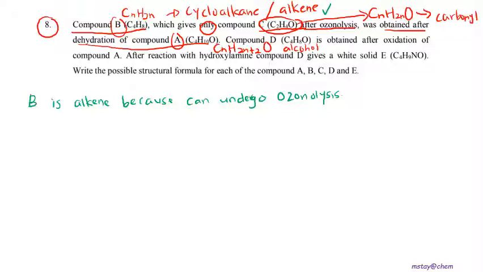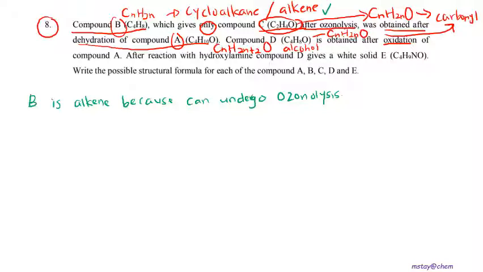Okay, then now we will continue here. Compound D, C4H8O, is obtained after oxidation of A. So after the alcohol undergoes oxidation, this is CnH2nO again, so it's a carbonyl compound.